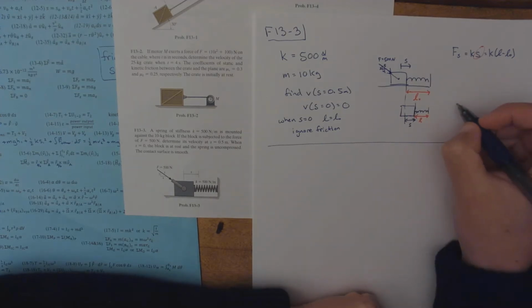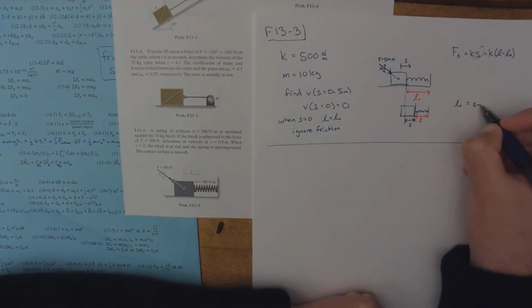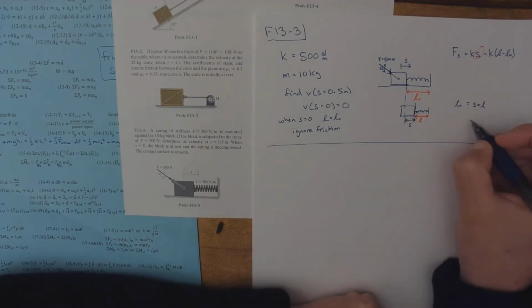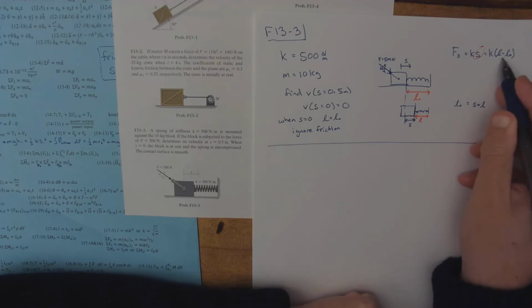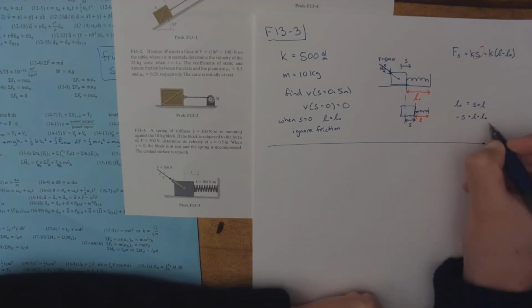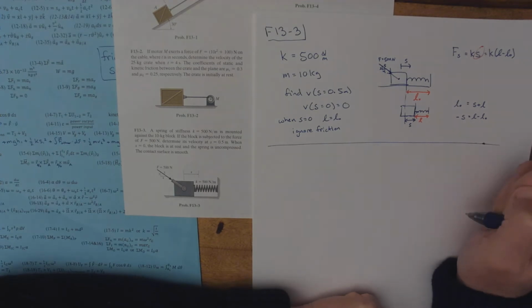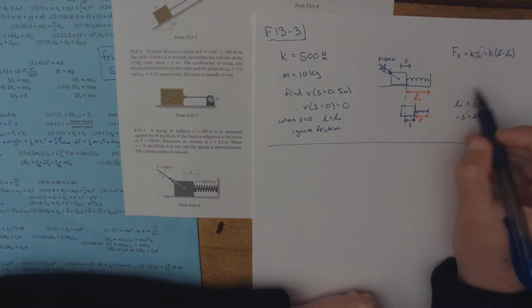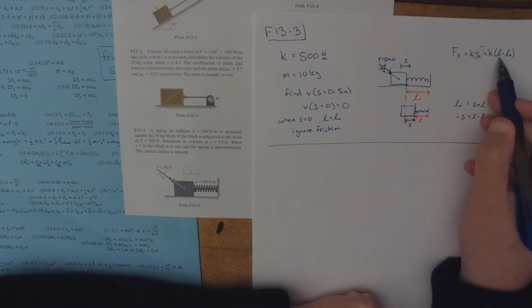So you could say L naught is equal to s plus L. If we want L minus L naught, you'd bring the L naught over here and the s over there, which means L minus L naught is negative s. That should make sense because if you're compressing the spring, the deformed length of the spring is going to be smaller than the undeformed length of the spring.